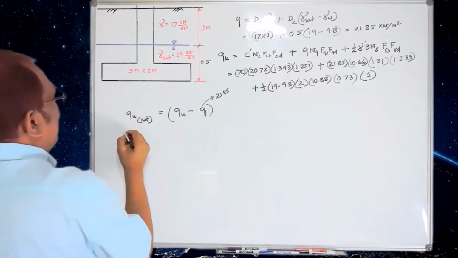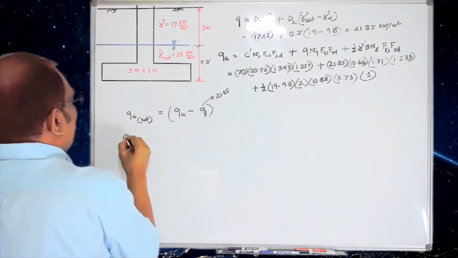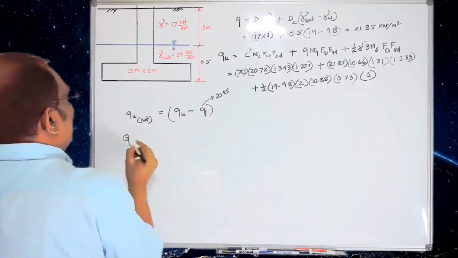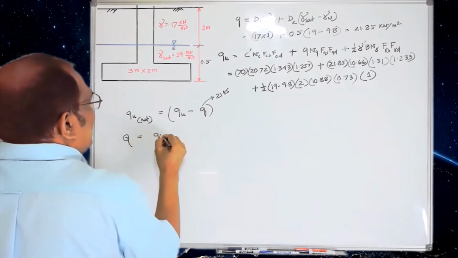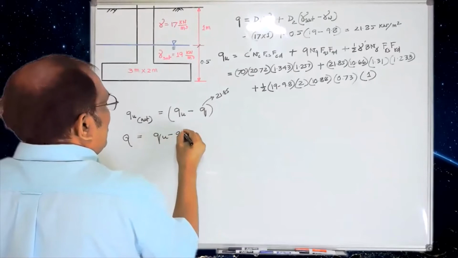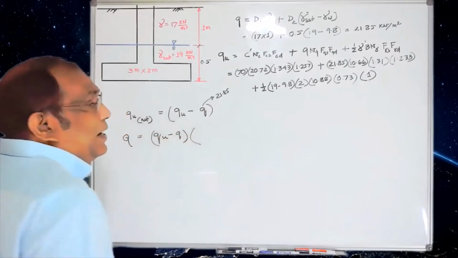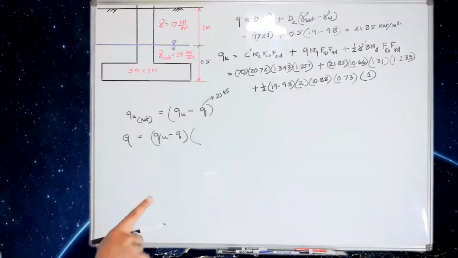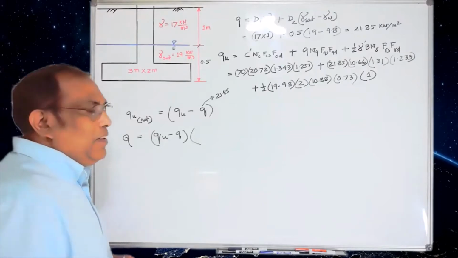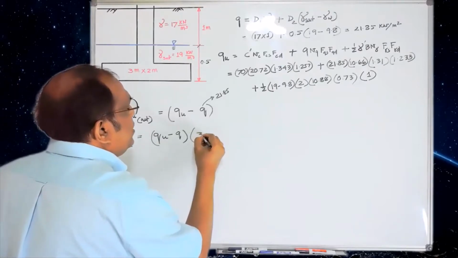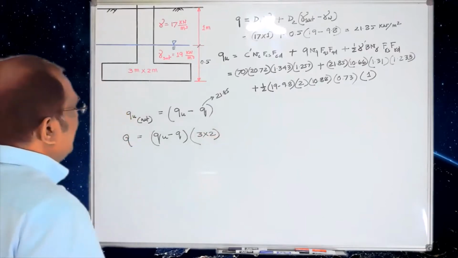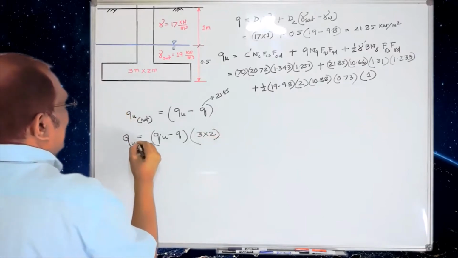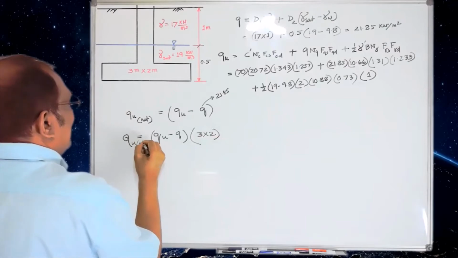And then your total Q, that would be qu minus q multiplied by the area of that foundation, which is actually 3 into 2. That's the ultimate net.